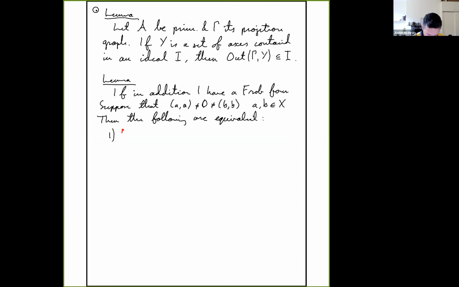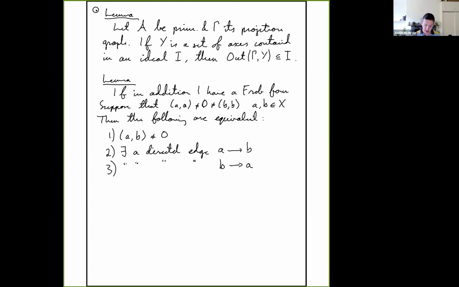One, the form on the axes is non-zero. Two, there is a directed edge A to B, and three, there exists a directed edge B to A.